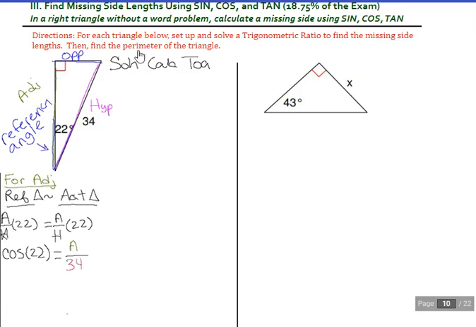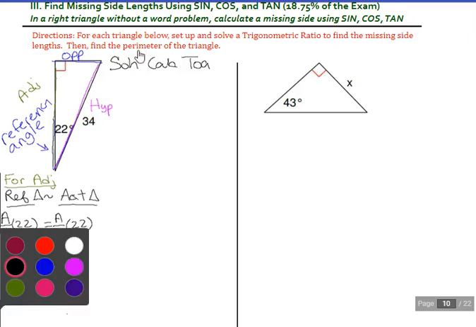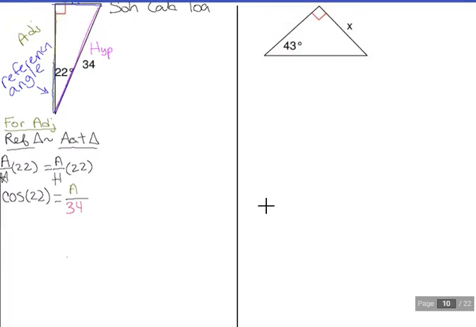Now, of course, we need to convert cosine of 22 into a decimal. That's how we are able to actually use it effectively. And so, there it is, as soon as I can find my calculator. Okay, cosine of 22 is 0.9272. We'll put it over 1, of course, so we can cross multiply. That's going to be equal to A over 34.